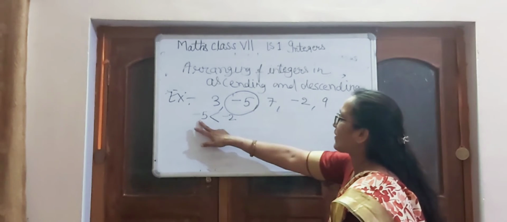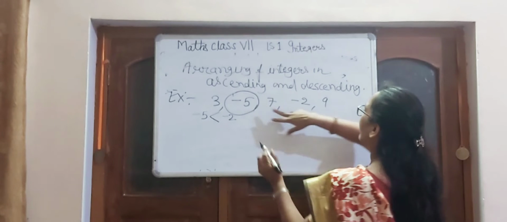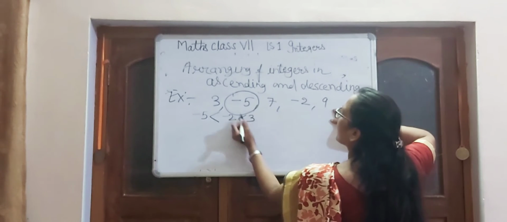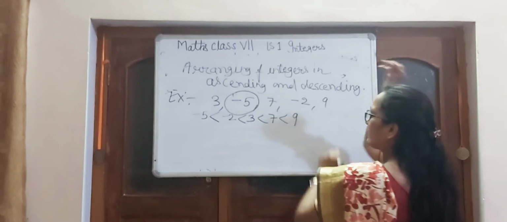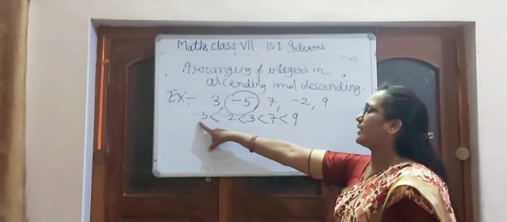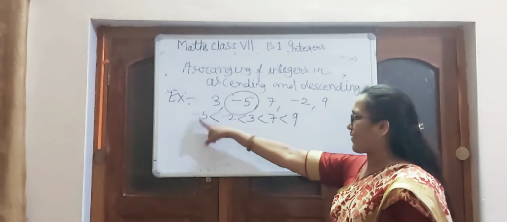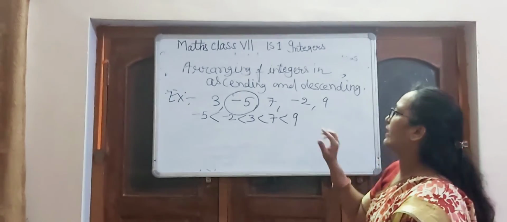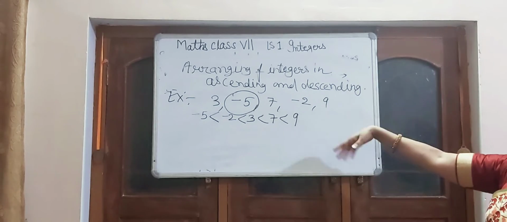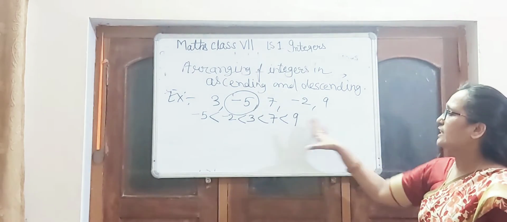So minus 5 is less than minus 2, and minus 2 is less than 3. Then 3 is less than 7 and 7 is less than 9. So the smallest integer is minus 5, and the greatest integer is 9. In this way we arrange integers in ascending order.